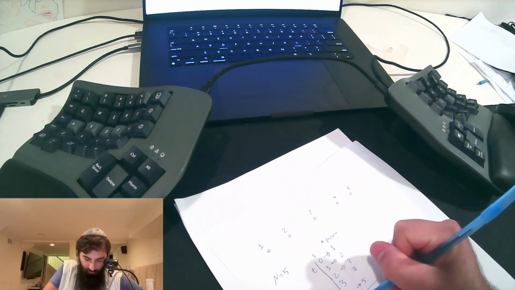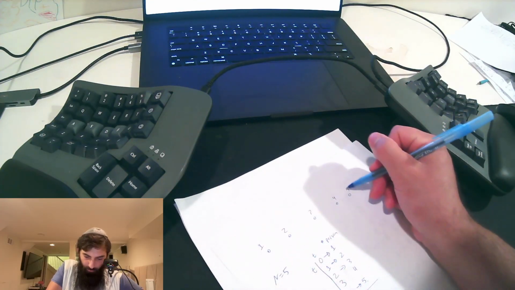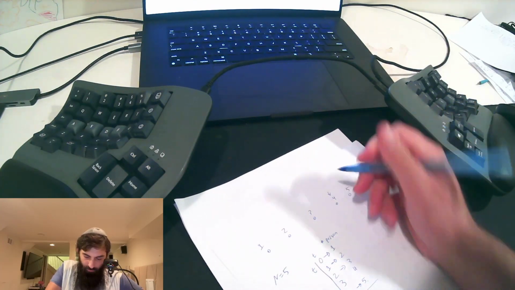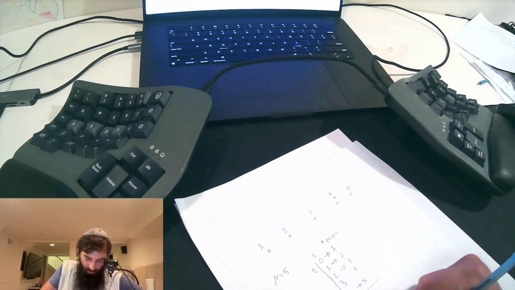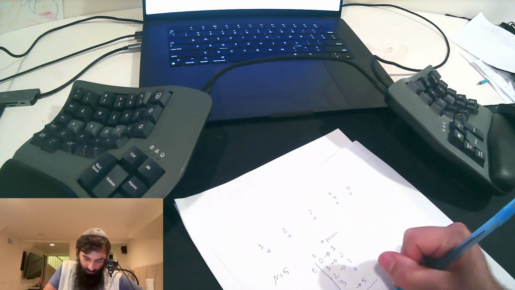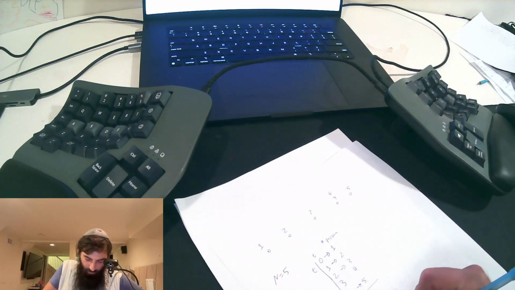So if I get to 5, I'm going to be reversing. So it goes 1, 2, 3, 4, 5. So that's going to be here. So 5, 6, 7, 8, 9, 10. So 6 is going to be 3, 2, 1. So this right here is n minus 1 times 2.